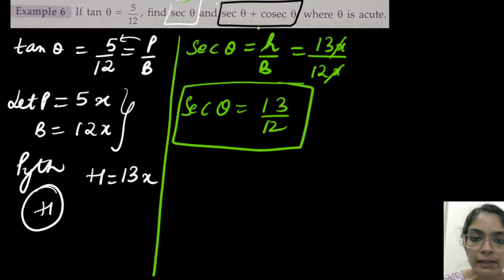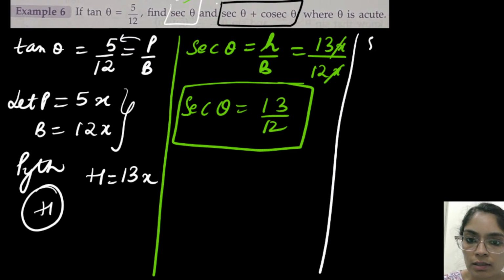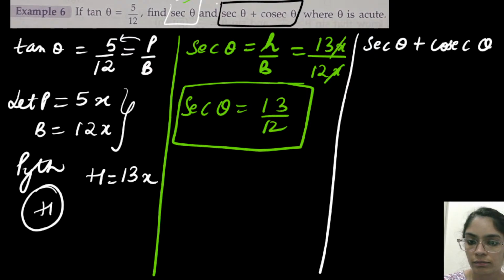Now for the second part, we have to find the value of secant theta plus cosecant theta. So let's find the value of cosecant theta also.